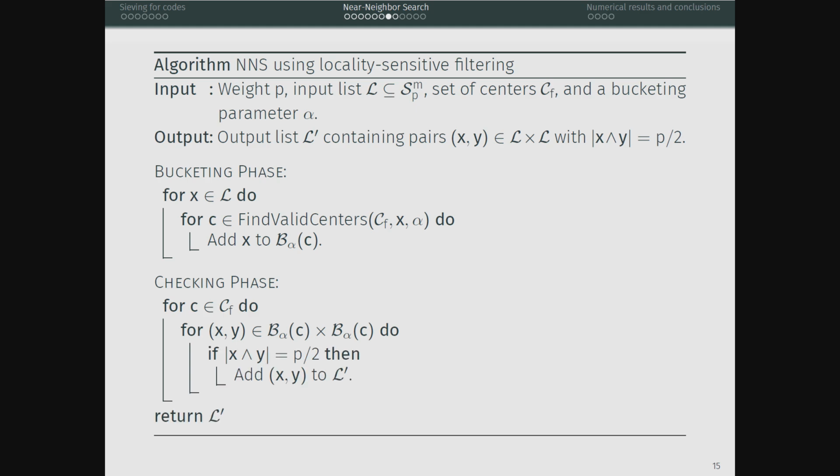As you can see, the cost of this will primarily depend on the cost of the find valid center subroutine, which we will try to optimize, as well as on the number of buckets and the size of the buckets in which we perform the search.